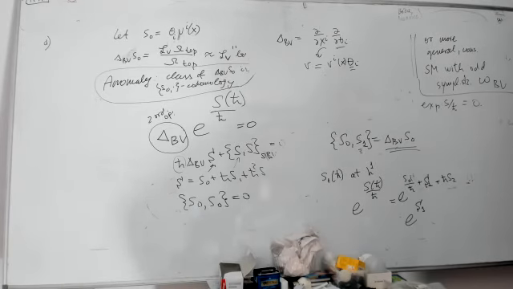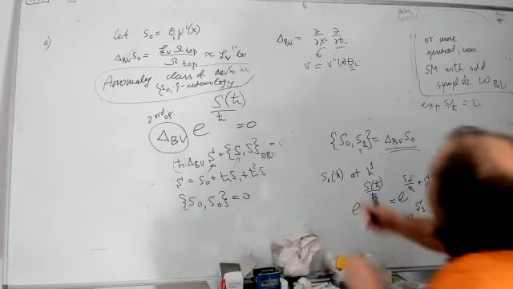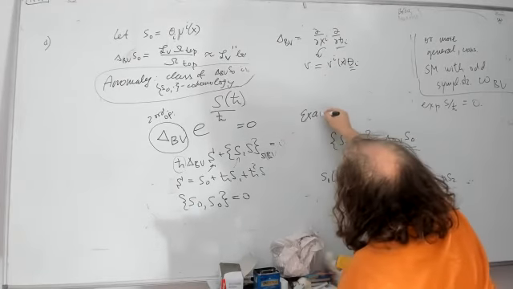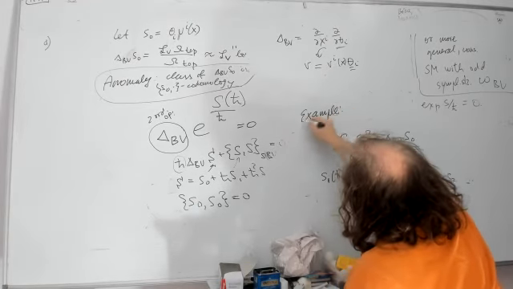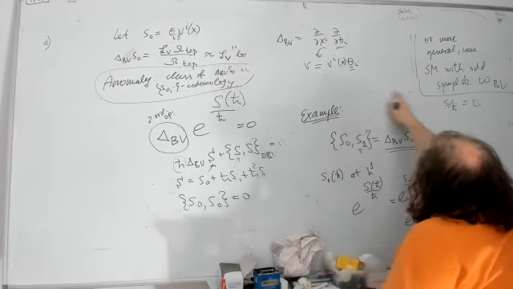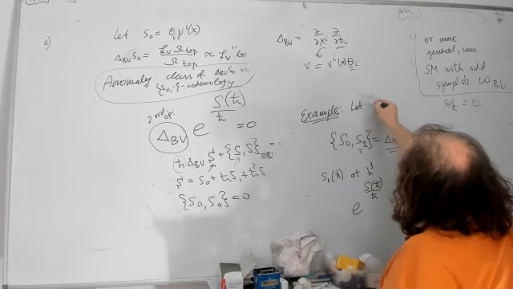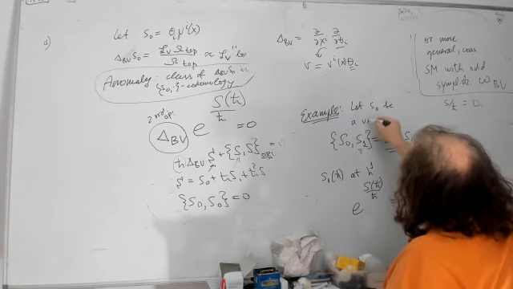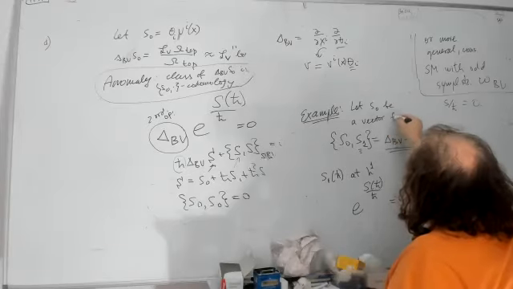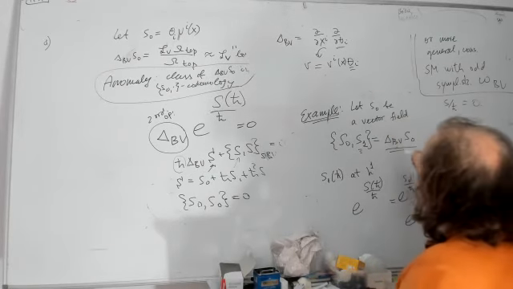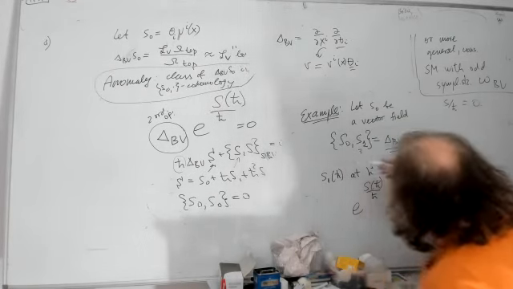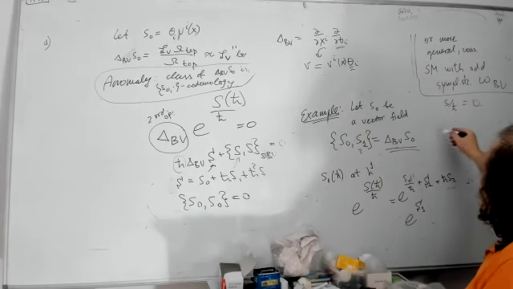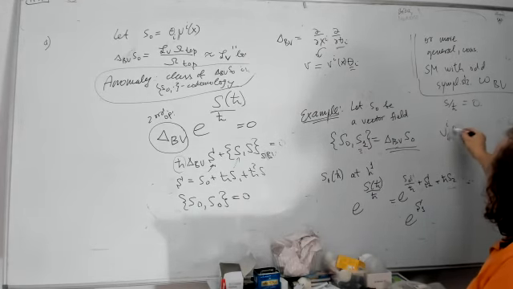So let us try to consider an example. Let S0 be a vector field. So it should be something like this: V^i theta_i.